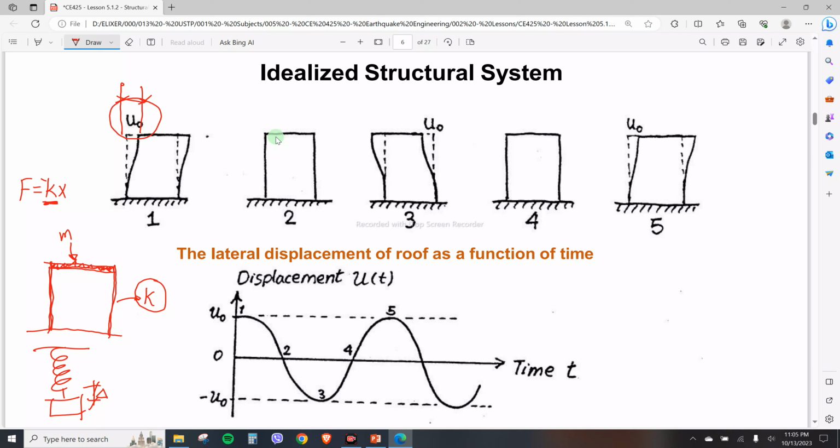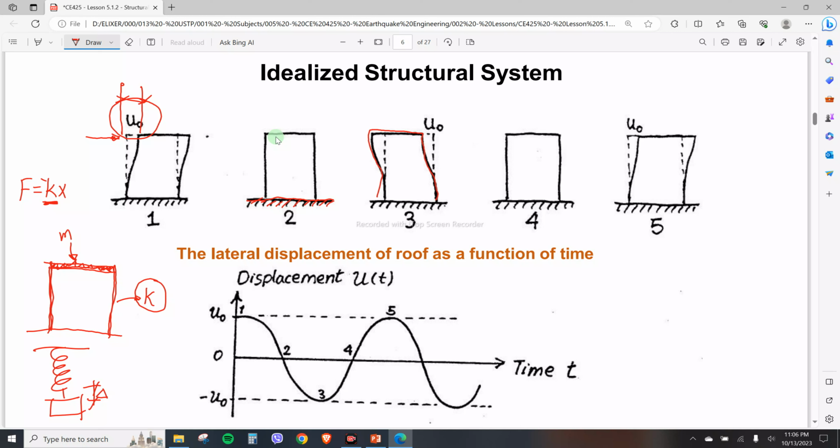Here, the same thing happens. Since the structure is displaced, the columns will try to make the structure return to its neutral position. When a force is applied, it will also develop an equal restoring force that restores the structure to its normal or neutral position, as in this second position. But since the applied lateral displacement or force is equal to the restoring force, the structure swings back to the other side.